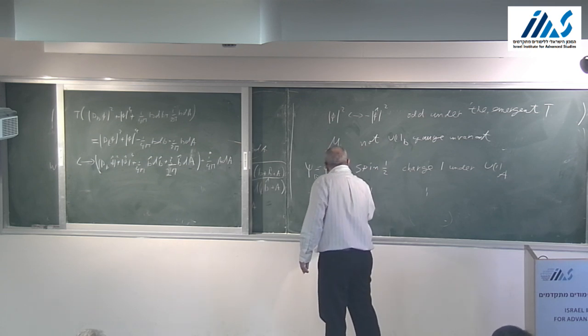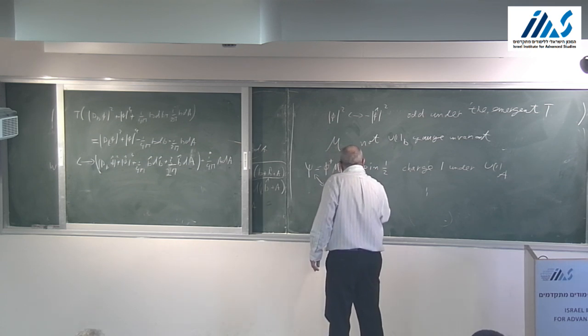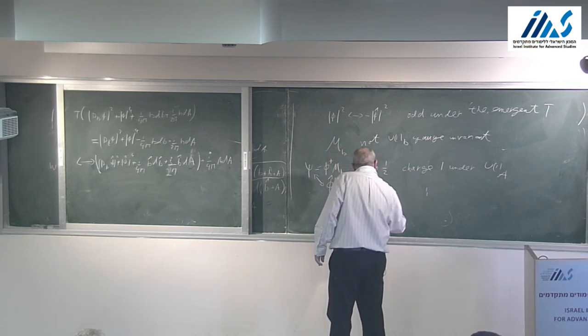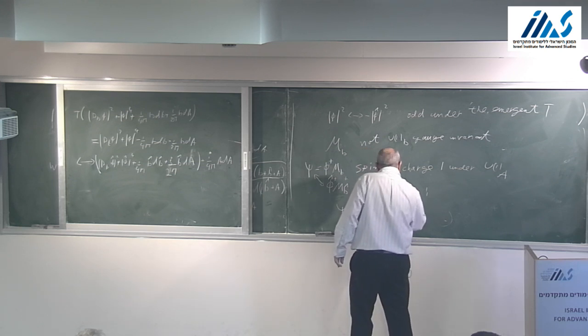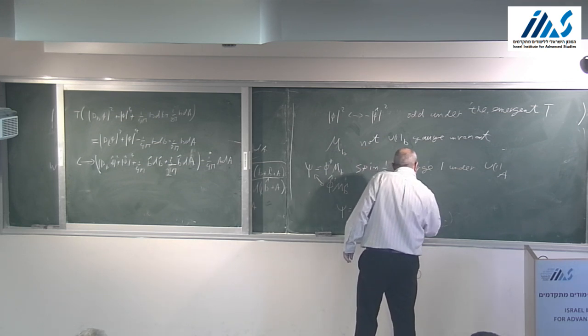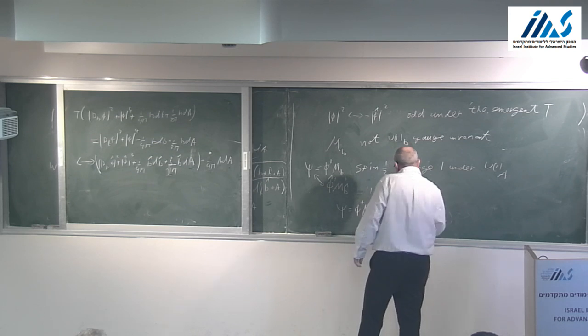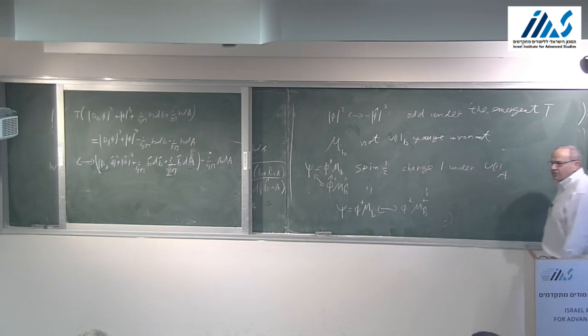So we have a fermion operator, which is phi dagger times the monopole of B, and it's dual to phi hat dagger times M_B hat dagger. So both sides of the duality have an operator of spin 1/2 and charge 1. That's good because it's a consistency check of the duality.